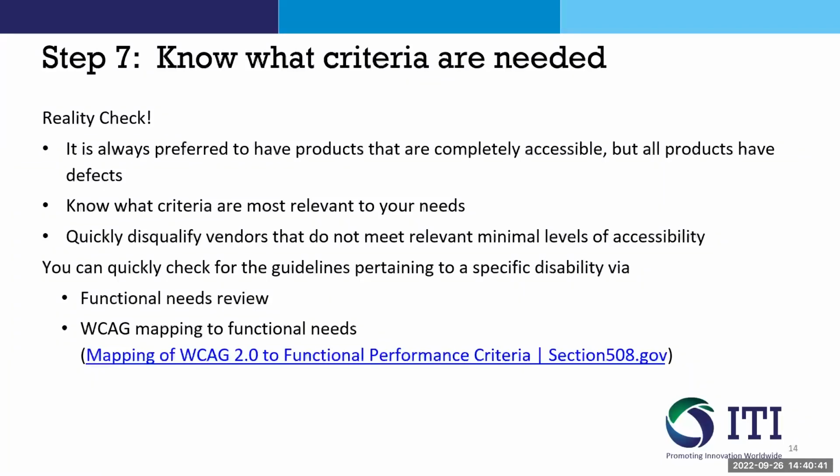And that's really what your job is as a VPAT reader and evaluator to start with. So if you need the functional performance criteria, the functional needs, it's just kind of a summation of how it works, and so you can request that.